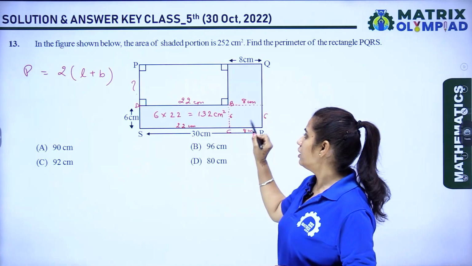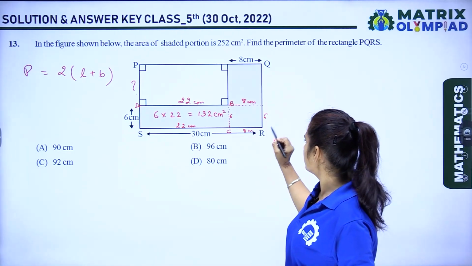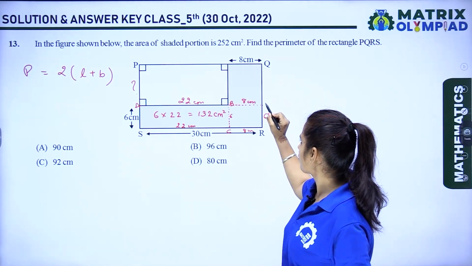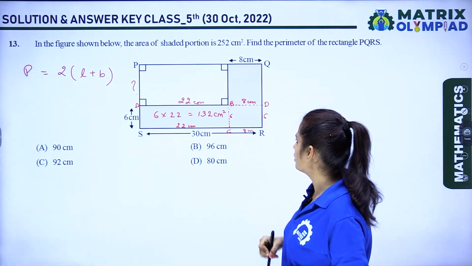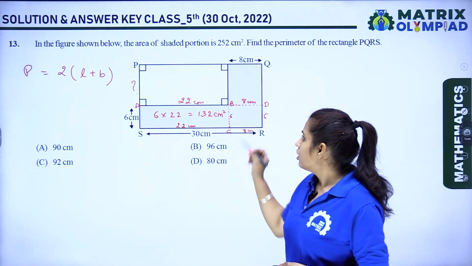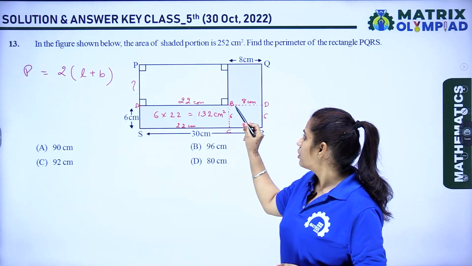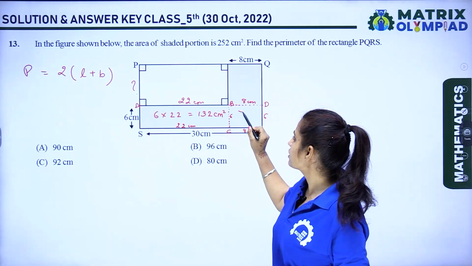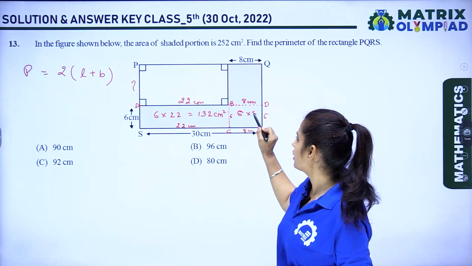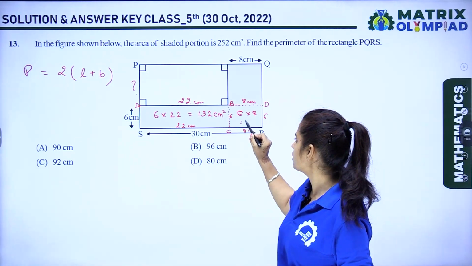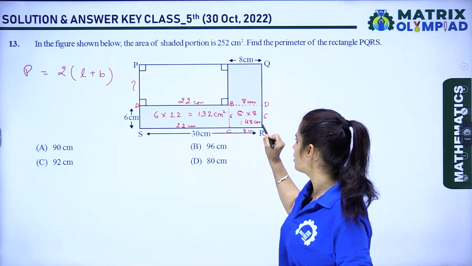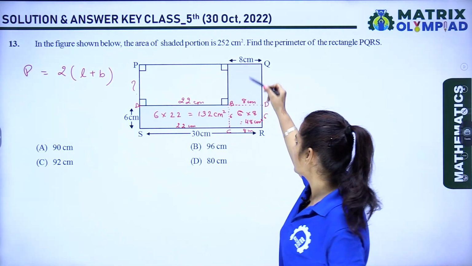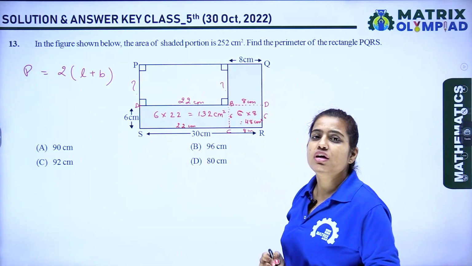So this is another rectangle CR and let it be D. So here in this rectangle, the area will be 6 multiplied by 8, that is length multiplied by breadth, which will give us 48 centimeter square. Now the last rectangle, that is 8, we are not given the breadth.